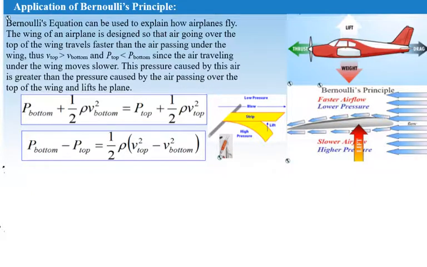So the weight is the force that works vertically by pulling all the objects, including aircraft, toward the center of Earth. And in order to fly an aircraft, a force like lift is needed to press in the opposite direction against gravity.